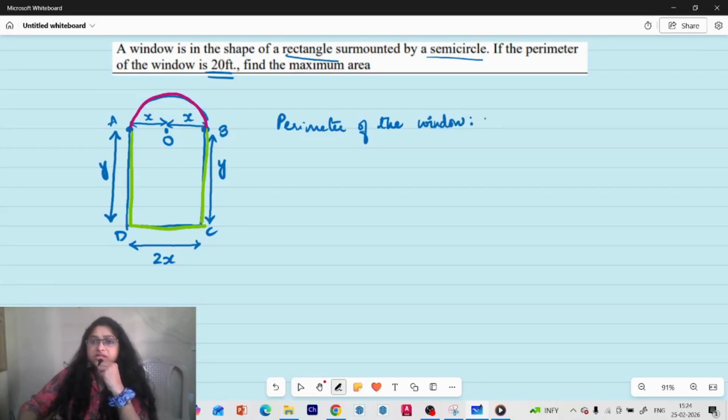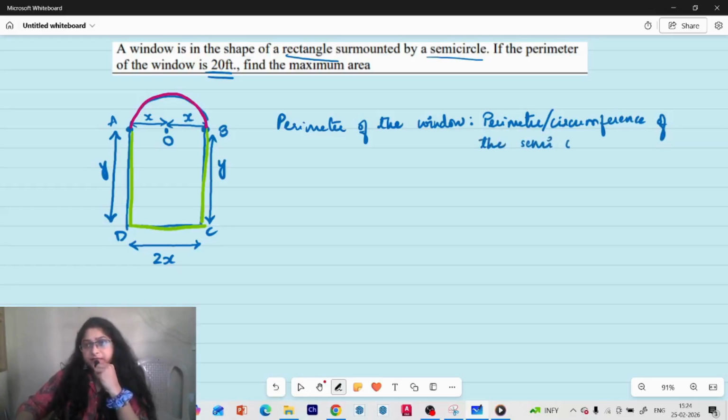The perimeter of the window is the circumference of the semicircle plus the perimeter of the three sides of the window.